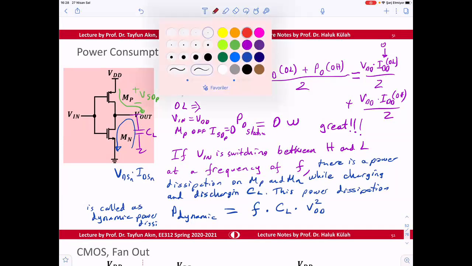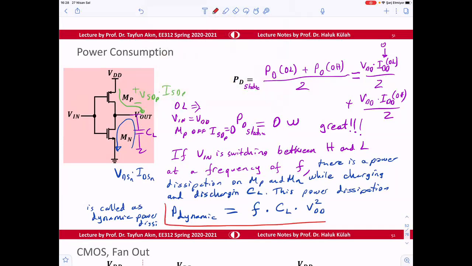So this one is what we will still be dissipating. So static power dissipation is 0, but this one is going to be now the dominant factor here. This is also valid for the TTL circuits or some BJT based devices, but we typically ignored this one because the static power dissipation was dominant at that time.